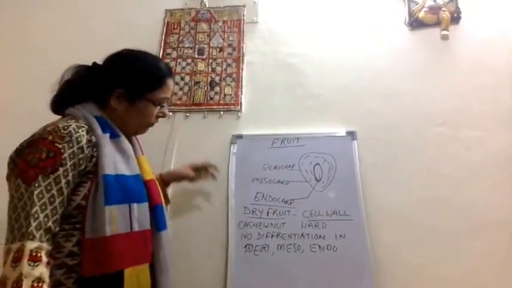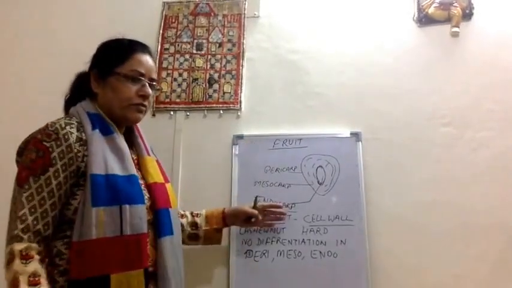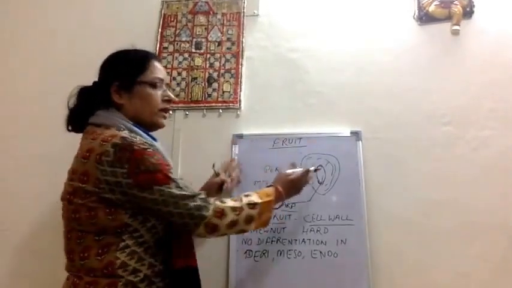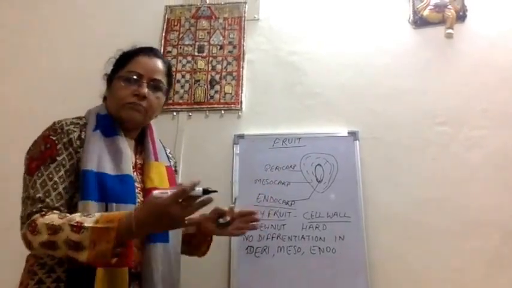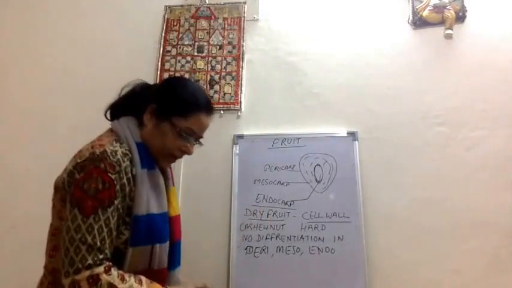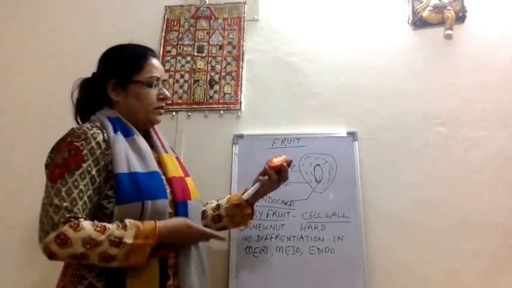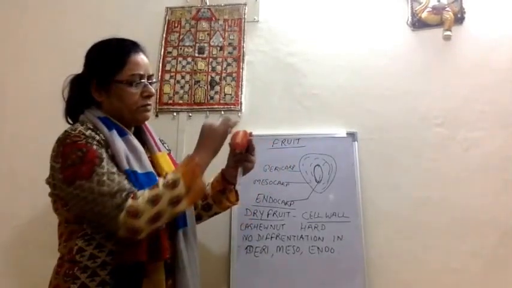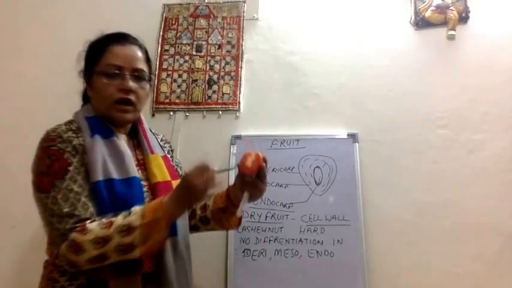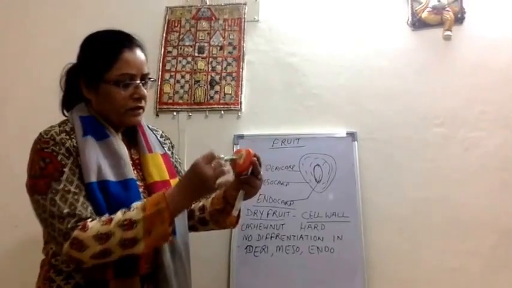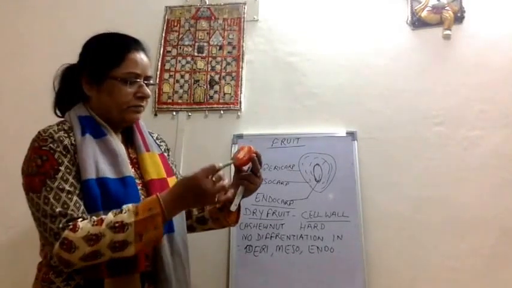But there are other fleshy fruits, in which all the three layers are clearly differentiated into pericarp, mesocarp, and endocarp. Like in tomato, we can clearly see this is the outer pericarp, this fleshy mesocarp, and this inner part is endocarp.